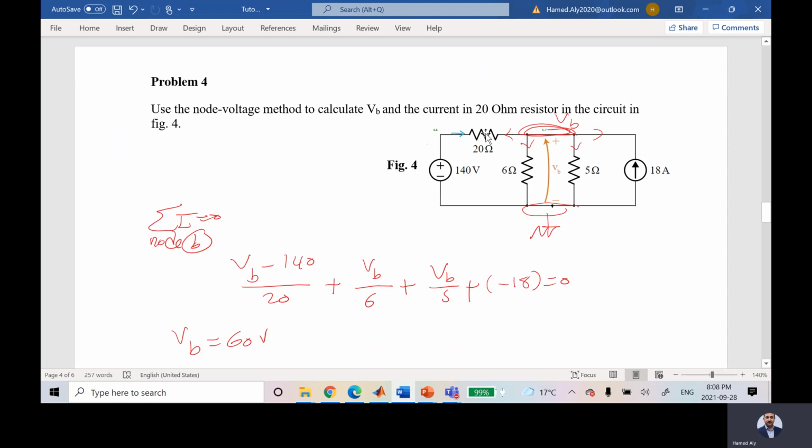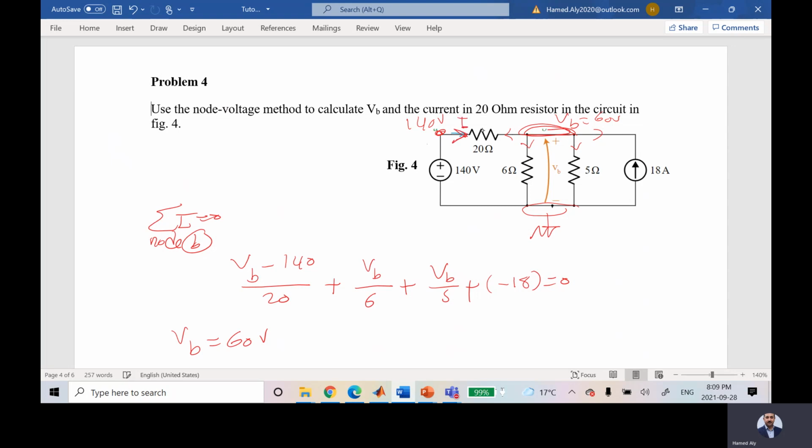It doesn't matter. It depends on the voltage. Here you have already calculated this is equal to 60 volts, and you know this one is 140. So what is the right direction for the current in 20 ohms? From left to right or right to left? From left to right. So it is in that direction.